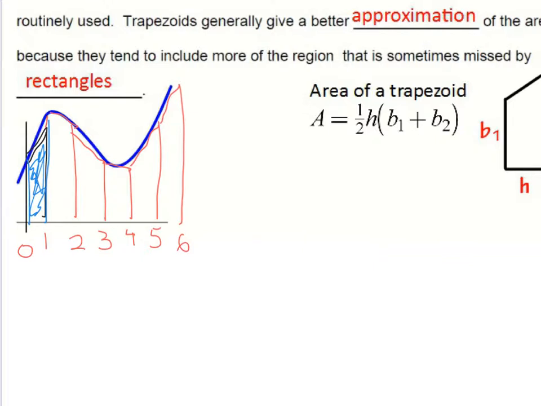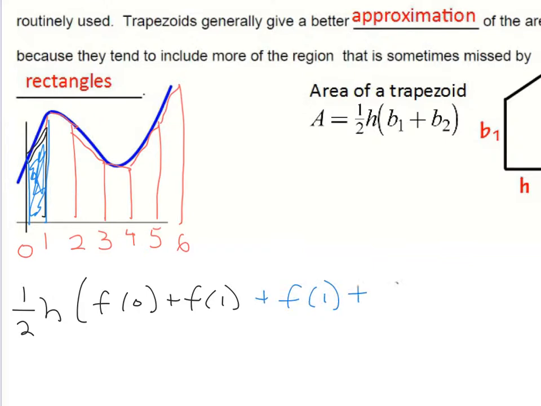Alright, so if we put all these areas together, what's going to happen is we end up with 1/2 height, because they all have 1/2 height. And then the first trapezoid was f of 0 plus f of 1. And then the next one was f of 1 plus f of 2.